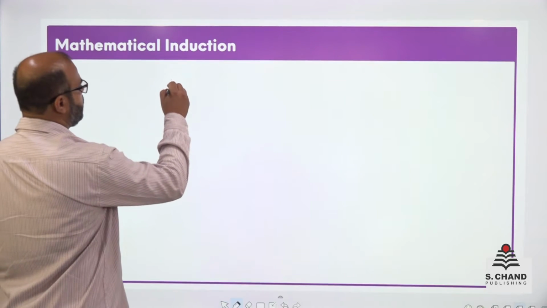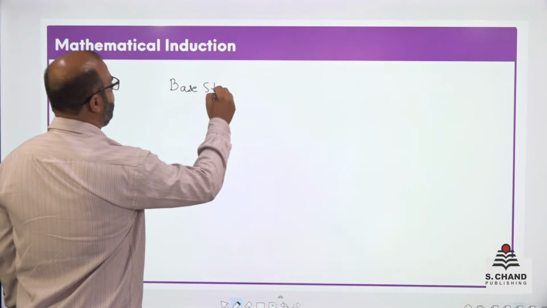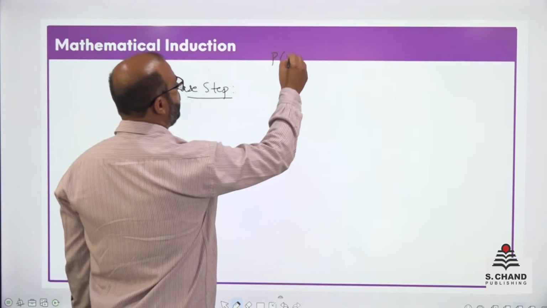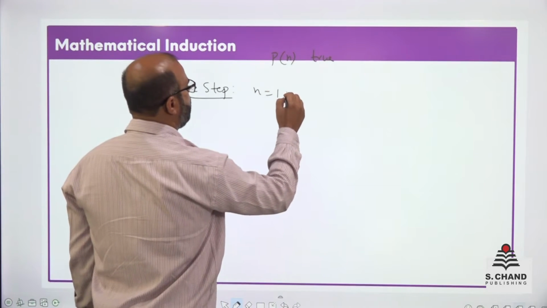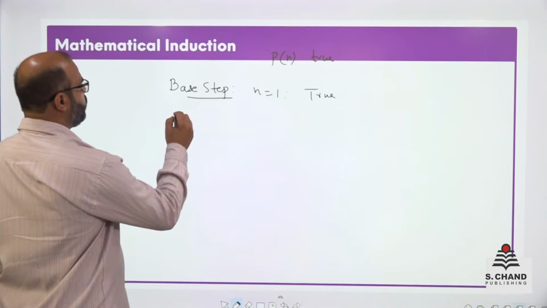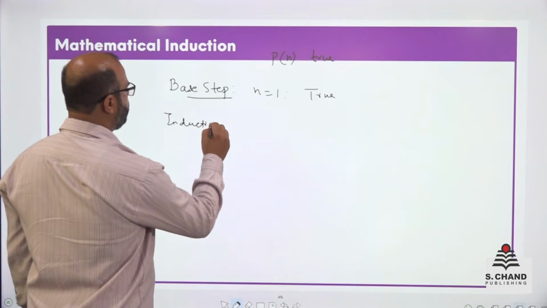So there is a base step involved. What is that base step? When we take any statement Pn and we say that Pn statement is true, we check it for n is equal to 1. If it is true for n is equal to 1, then we proceed further. We do the induction hypothesis.